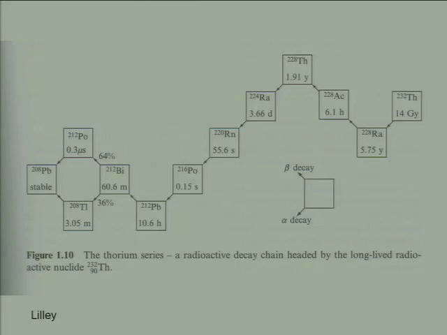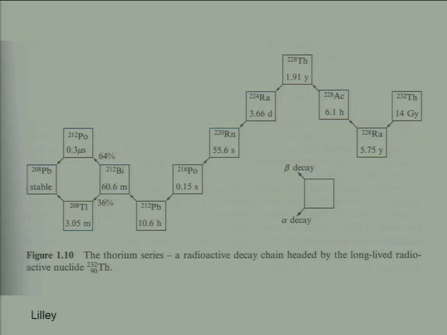So this is an example of what's called a decay series or a decay chain. This happens to be for the parent isotope thorium-232, so that's up here. And these boxes represent a different isotope. And so the thorium-232 I mentioned is one of these long-lived naturally occurring guys. Its half-life is 14 gigayears, 14 billion years. And the way it decays is by alpha emission.